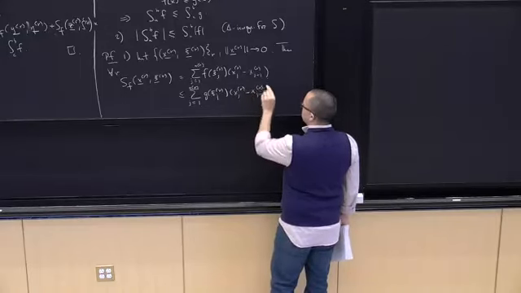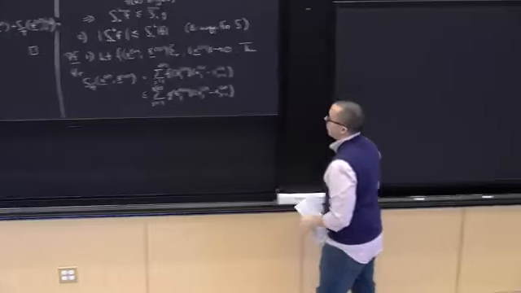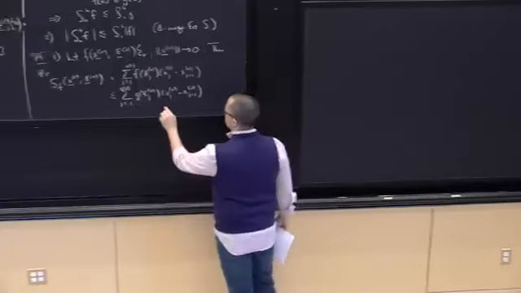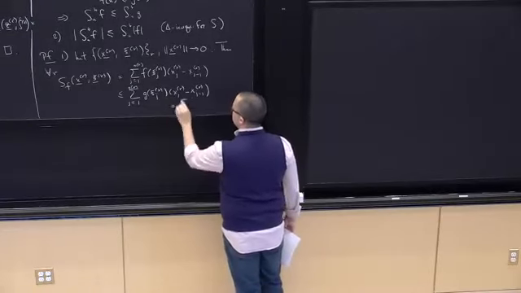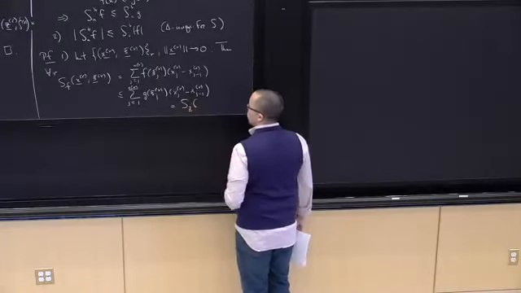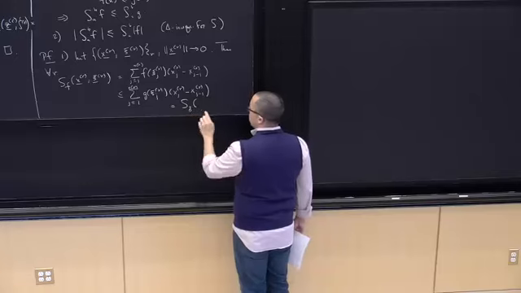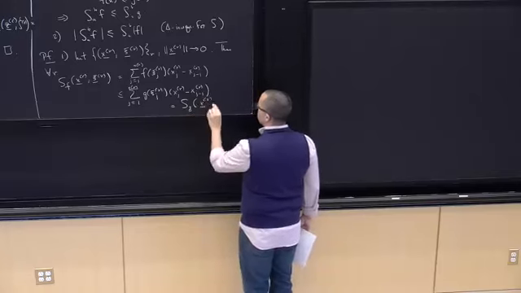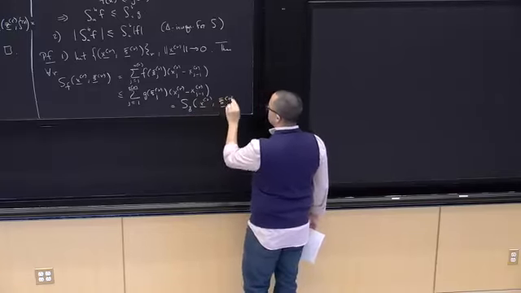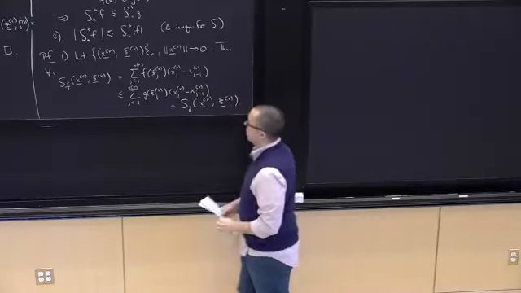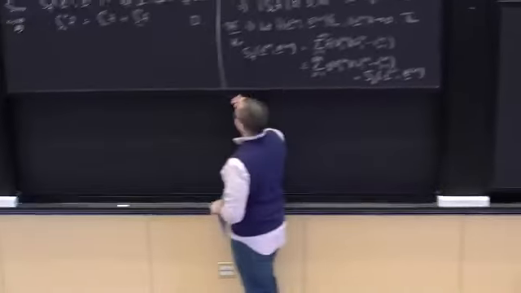Okay? And what is this last thing? This last thing is just equal to the Riemann sum of g with respect to this tagged partition.